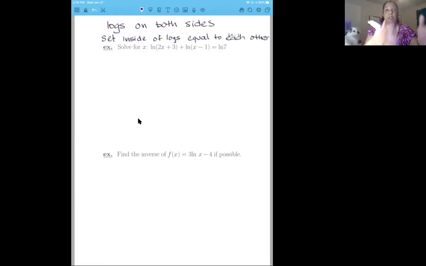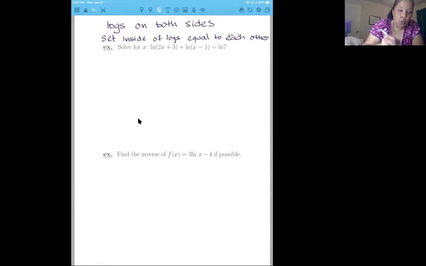It can't be like our first example, log plus log, or log minus log. So you have to combine them using our properties of logarithms. What we know about natural log of 2x plus 3 plus natural log of x minus 1 is, since they're added, I can write them as multiplication. So I can write them as one logarithm.